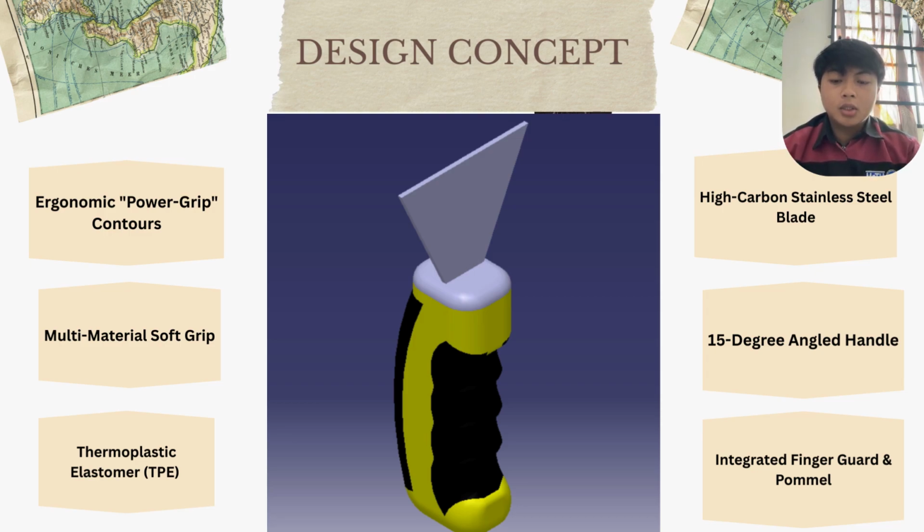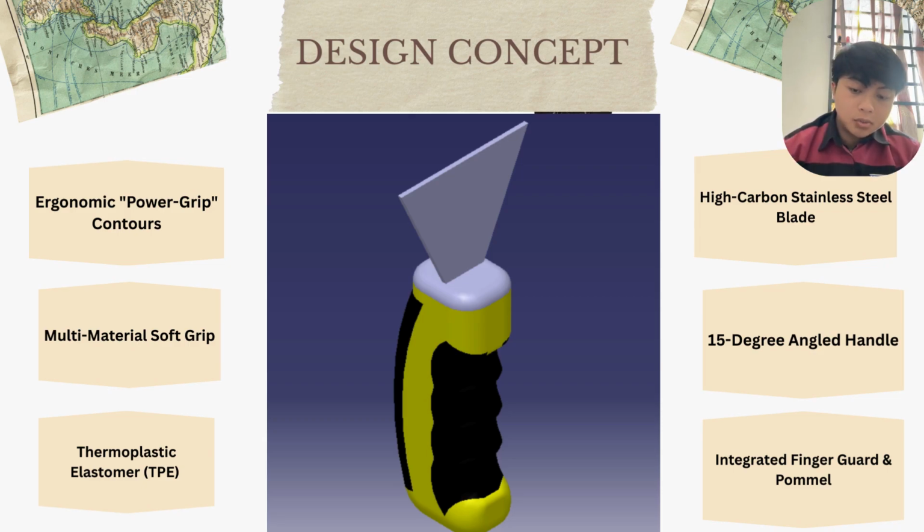The third one is the integrated finger guard and pommel. This allows the user to drive the tool using their shoulder and core rather than just their grip strength. Next is the multi-material grip. A micro texture surface ensures a secure grip even in oily or sweaty industrial environments, so it can reduce the squeeze force required by the user.